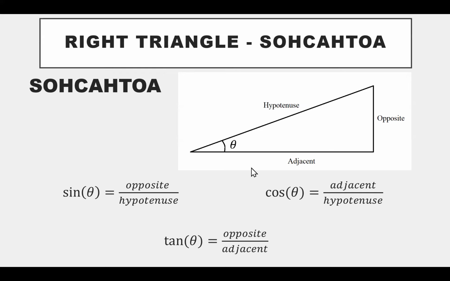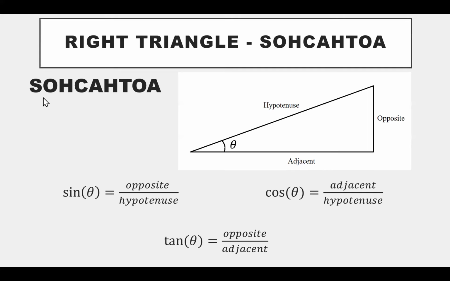Cosine of theta is the length of the adjacent leg over the length of the hypotenuse. And tangent is the length of the opposite leg over the length of the adjacent leg.